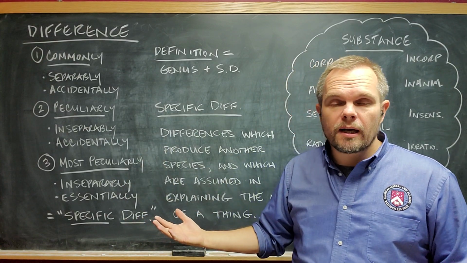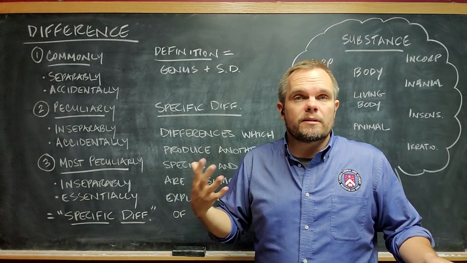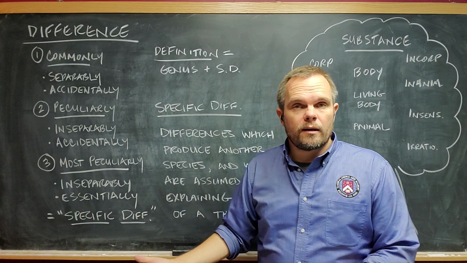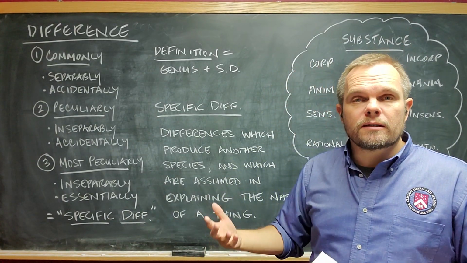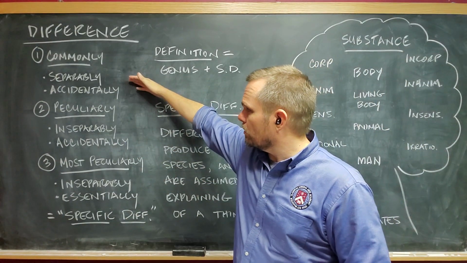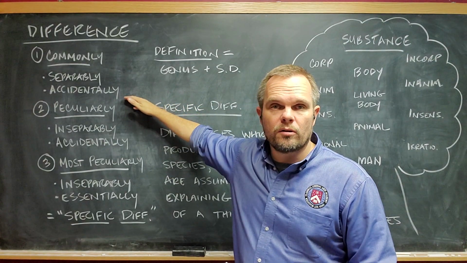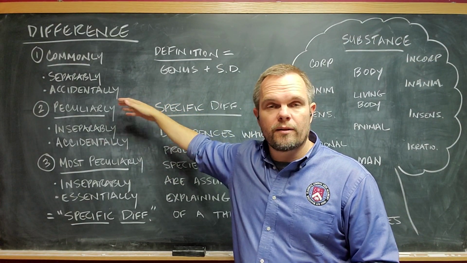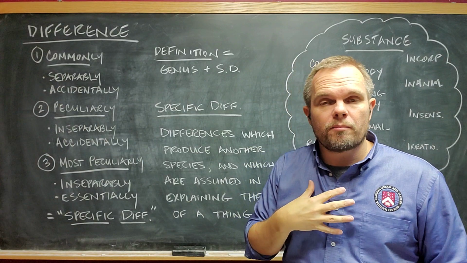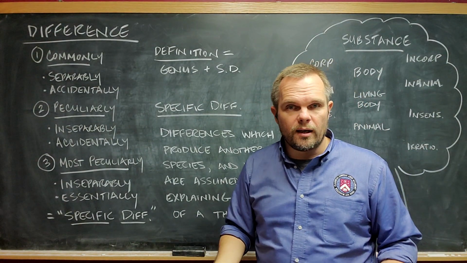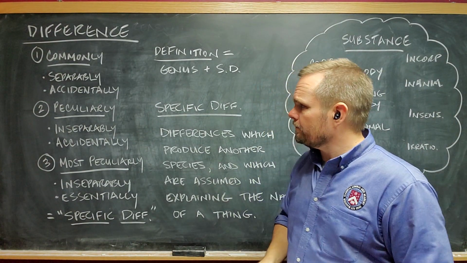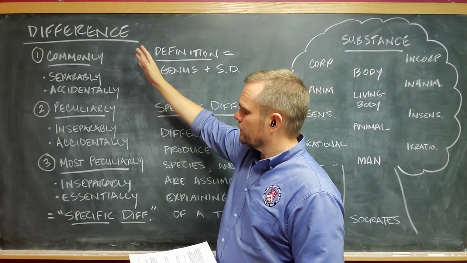Tomorrow I may be not healthy. Right now I'm standing. In an hour I may be sitting. These are examples of separable and accidental differences. There are ways that I can differ from myself at different times. These are common differences.